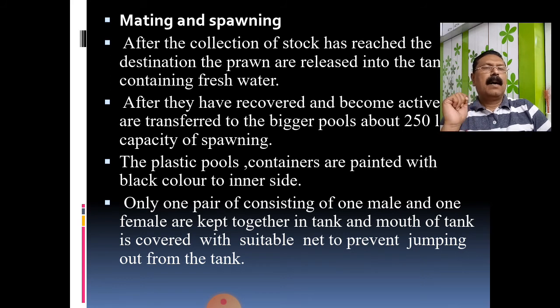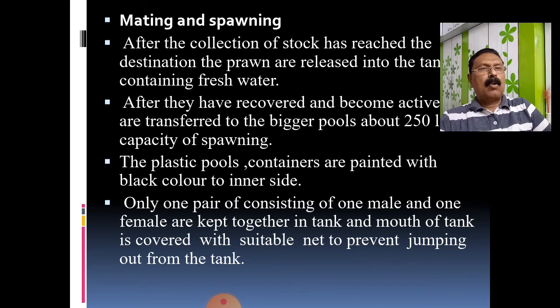That means in a container of near about 150 liter capacity, we have to release one pair of brooders, and one pair consists of one male and one female prawn. The mouth of that container is closed, tied with a cover to prevent escaping by jumping from the tank.